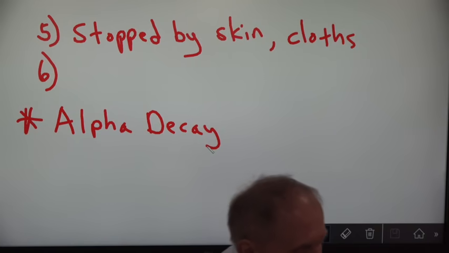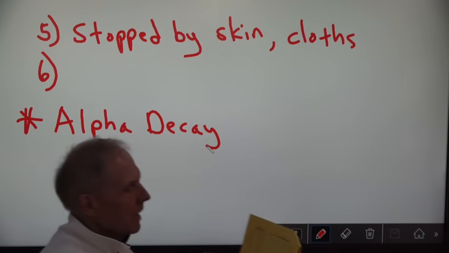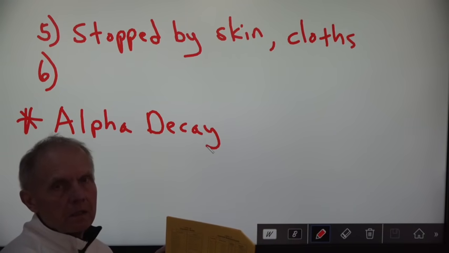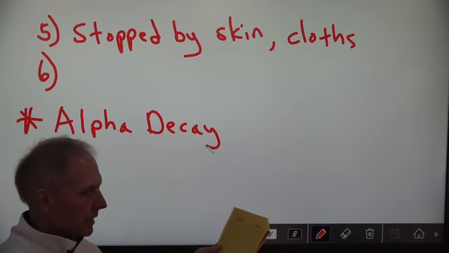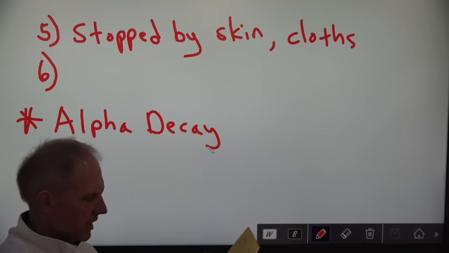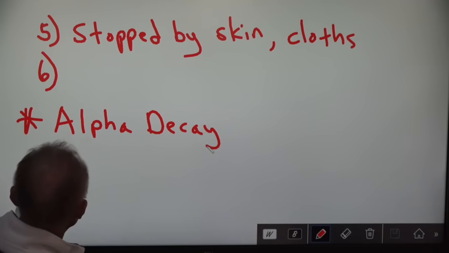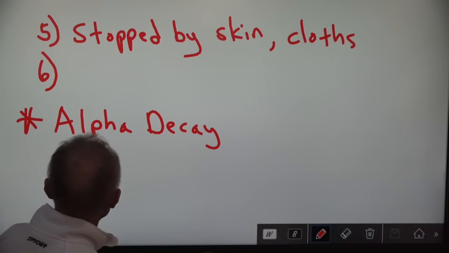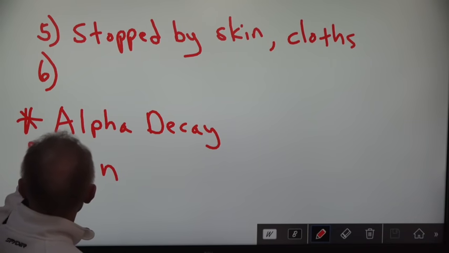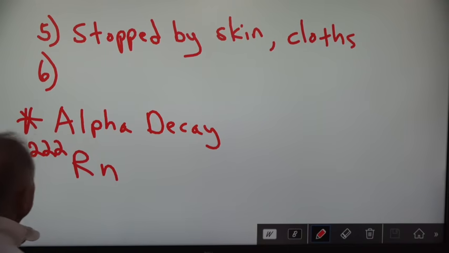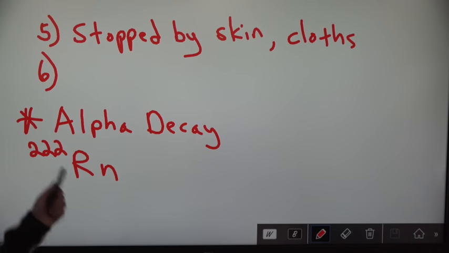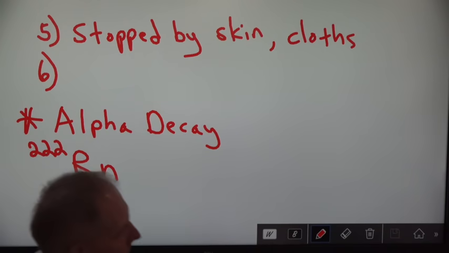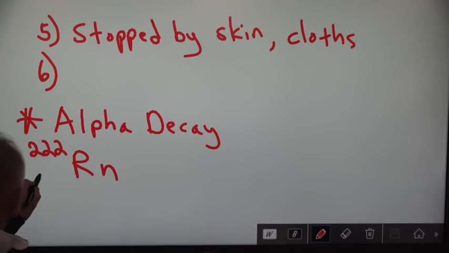On this sheet, on reference table N, one of the alpha emitters is this. Rn, that's radon, 222. So let's see what the atomic number of radon is. It's 86.